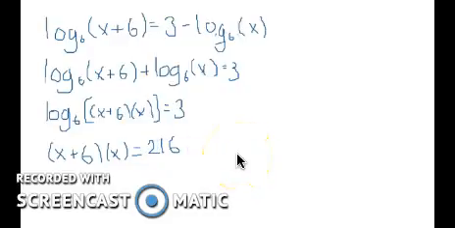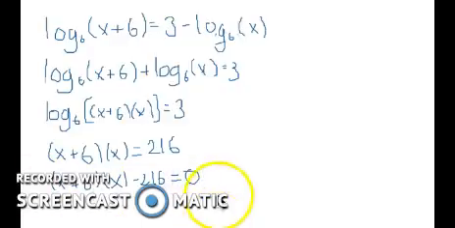So now the next step is to pass the 216 to the other side and equal it to 0. And now we are just going to multiply it so we can have an equation.